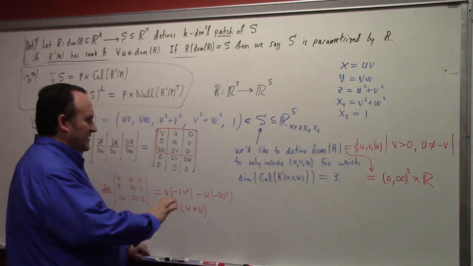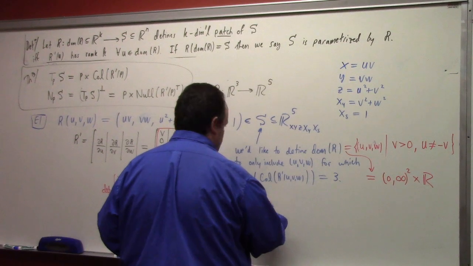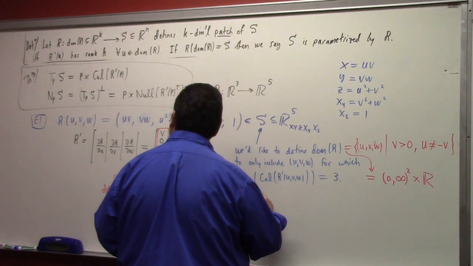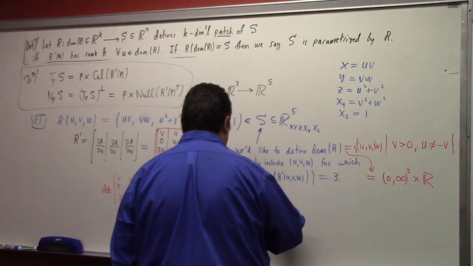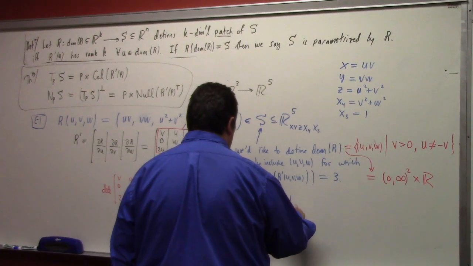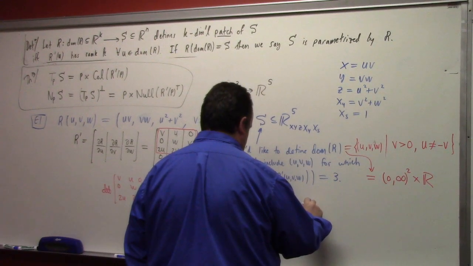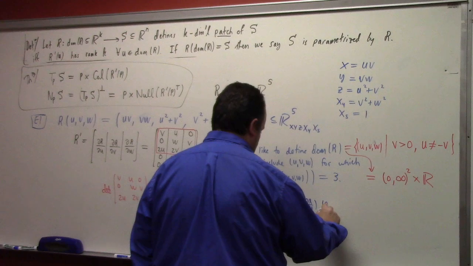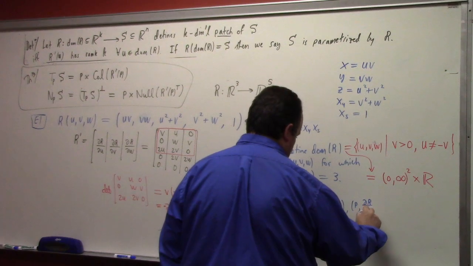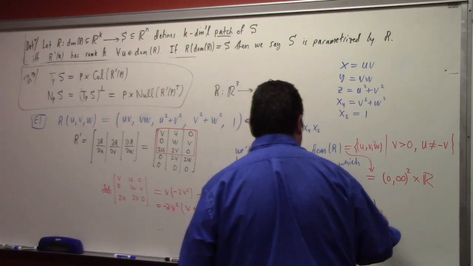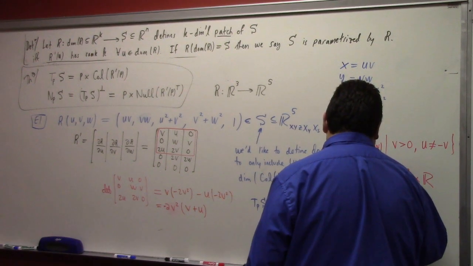The tangent space at an arbitrary point P in my chosen domain would be the span of P, partial R, partial U at P, P, partial R, partial V at P, P, partial R, partial W at P, such that the derivative is evaluated at P, okay?